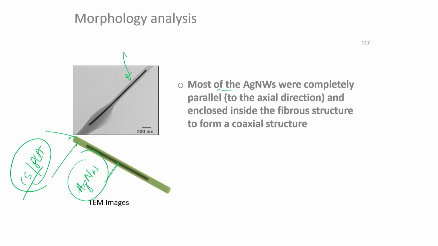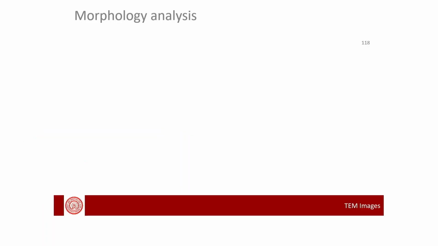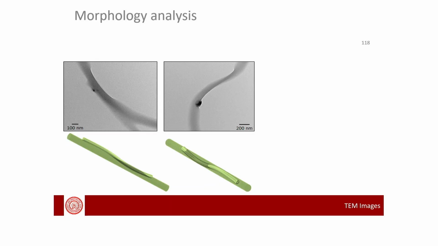Most of the nanowires were completely parallel, in the axial direction, and enclosed inside the fibrous structure to form a coaxial structure. So, this is the coaxial structure. In most cases we found this type of structure, but in some of the fibers we found that nanowires have come out from the surface, not fully embedded.